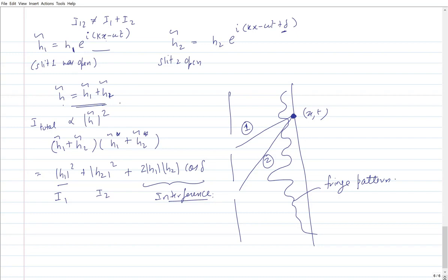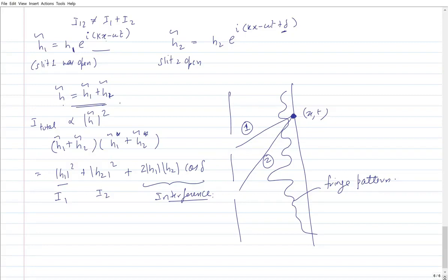So the message is that waves interfere, which we already knew, but these two experiments are important to highlight the fundamental difference between our intuition about bullets, or what we call particles, and waves like the water wave.